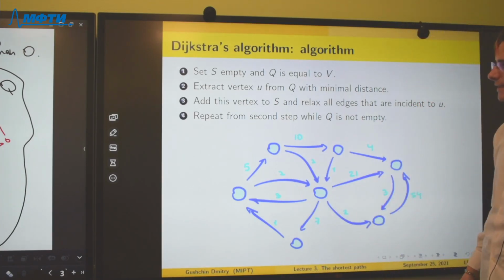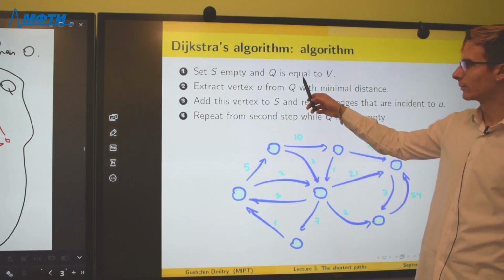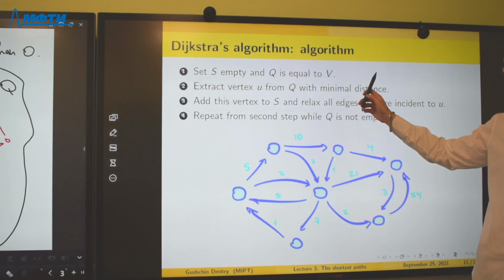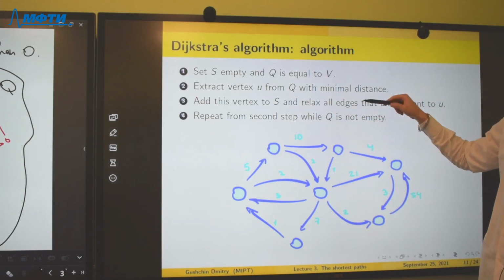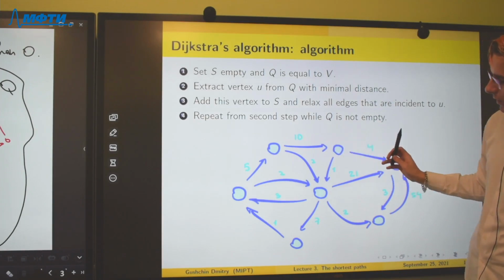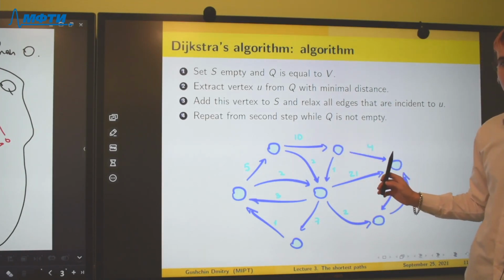Then we extract the vertex from Q with minimal distance and add this vertex to the S and relax all the edges that are incident to it.